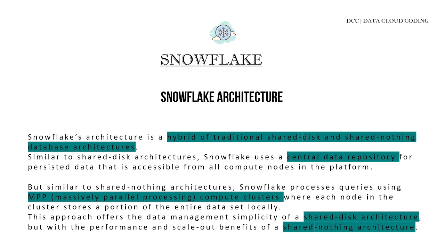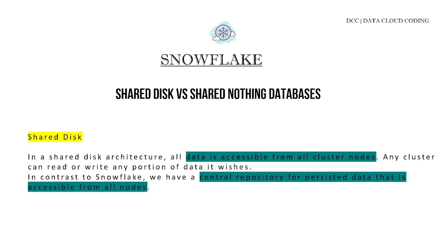This approach offers the data management simplicity of a shared disk architecture, but also the performance and scale-out benefits of a shared nothing architecture. So this was the brief introduction to Snowflake architecture.